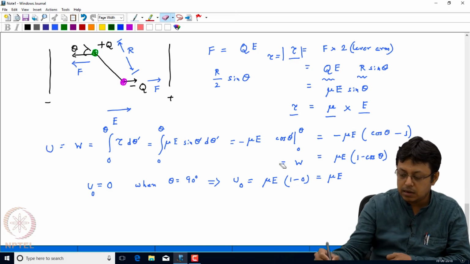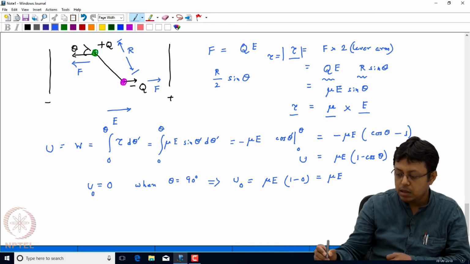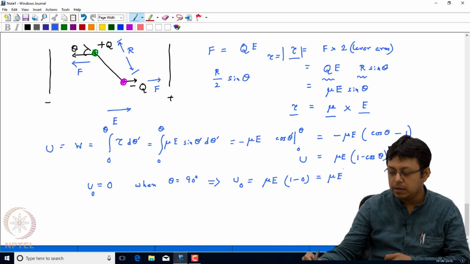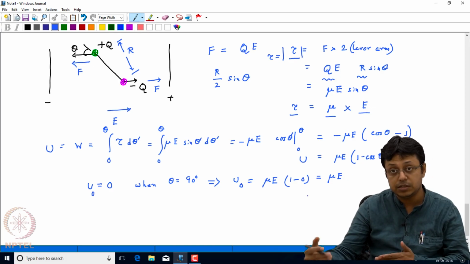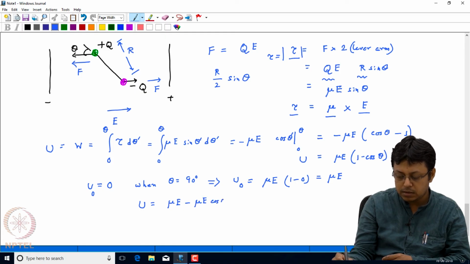So, this is nothing but the total potential energy u, and we just saw that mu e is nothing but the potential energy, or the 0 of potential which we can choose. So, then we just define that u is nothing but, as you can see here, mu e minus mu e cos theta, which is basically u 0 minus mu e cos theta.